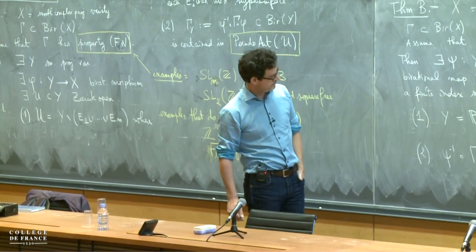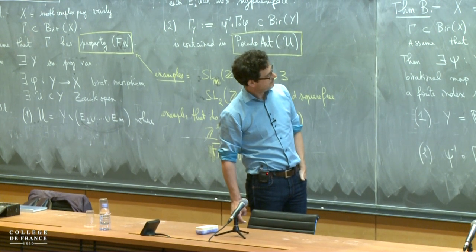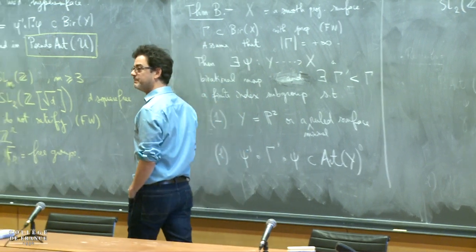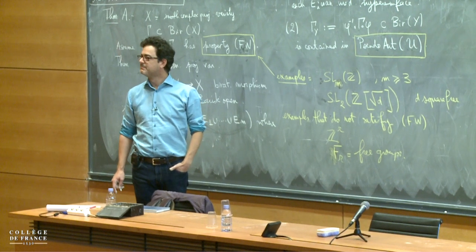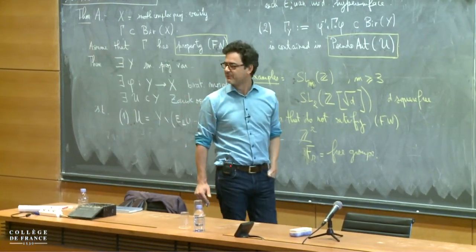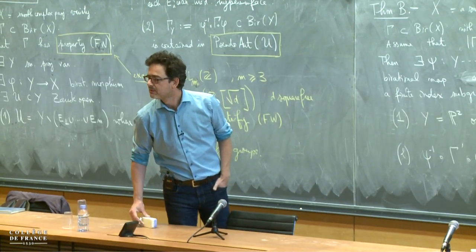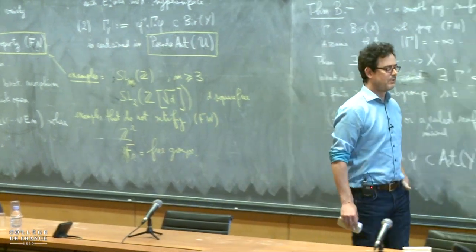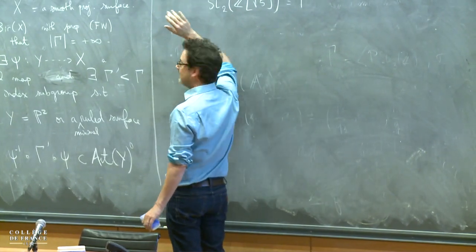Sorry, so what happens if X is just the square of an elliptic curve and you act by GL2Z? GL2Z does not have property FW. Okay, actually this subgroup SL2Z, a subgroup of SL2Z does not have property FW. Yes, I think one is square free, isn't it? Oh, SL2Z, okay. So I made a mistake a few minutes ago.